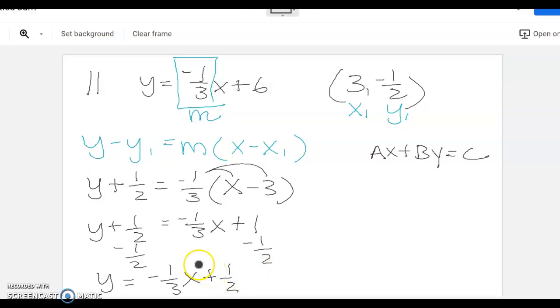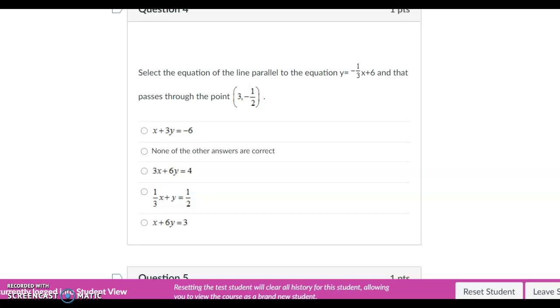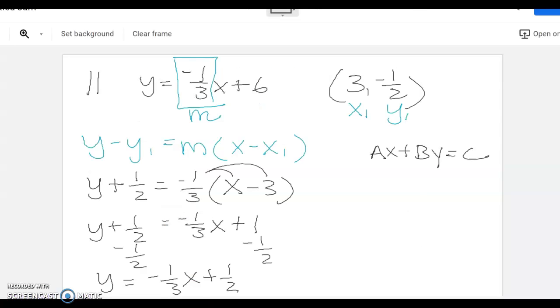I could take this, convert each of these to solve for y, and then compare, or I can do one more step and just move my x term over with y. Now, if I want to move this whole -1/3 x term, I'm going to add it to both sides. I know I'm kind of lacking some room. When I add it to this side, it's going to cancel.